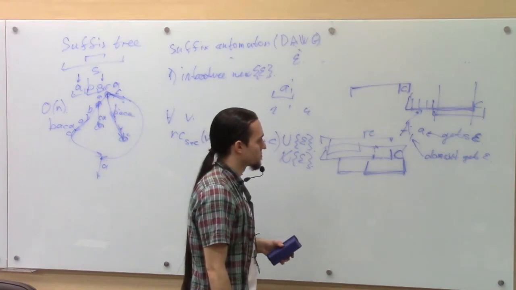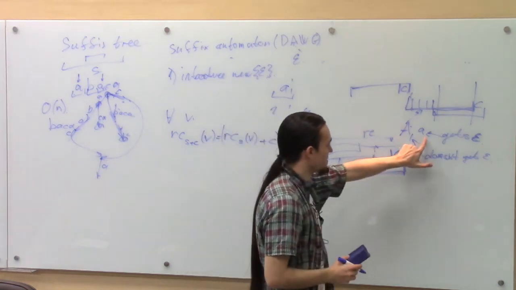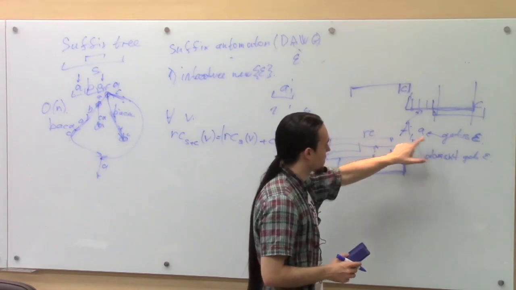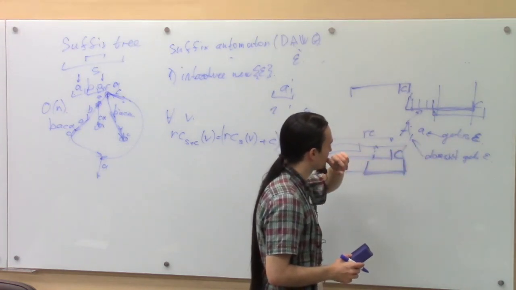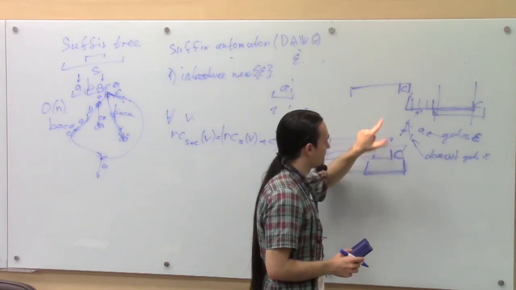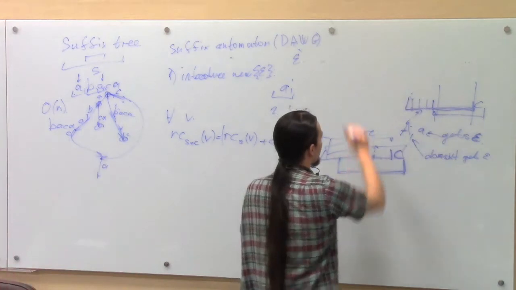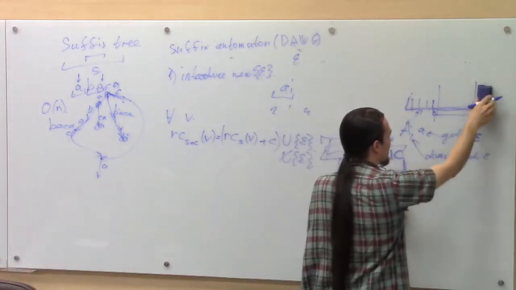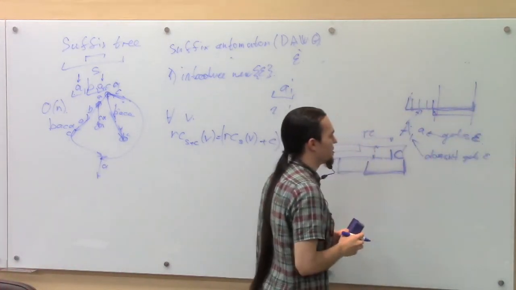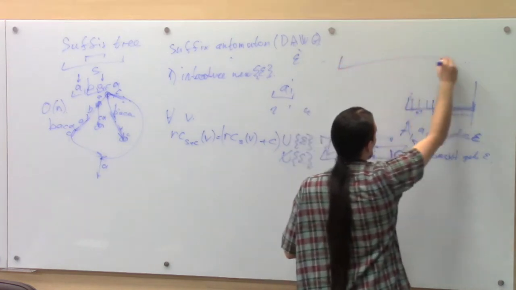Okay, if this gets epsilon, then let's draw our string again. This is a picture of a class, and this is a picture of a string.